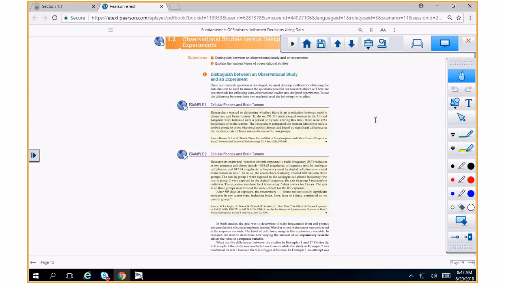Versus experiment. If every time a person moves when I'm watching them I shock them with a cattle prod, what is that? That's an experiment. Okay, because I'm interjecting something into the observation. As soon as you interject or interrupt the observation, it becomes an experiment.